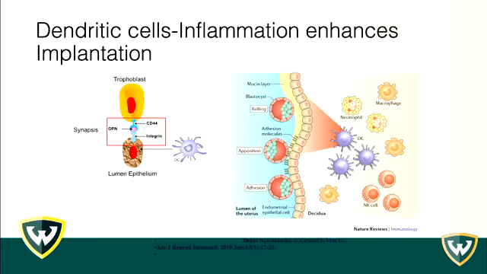Then additional signals will tell the trophoblast to start invading, and that is what secures the implantation. If this doesn't happen, if we inhibit the inflammation, or if there are factors that prevent the migration of the dendritic cells, there will not be implantation. And that's what we see in many women who have implantation failure.